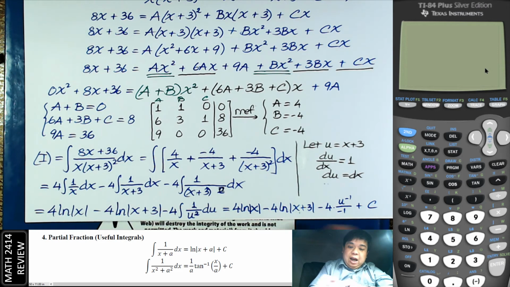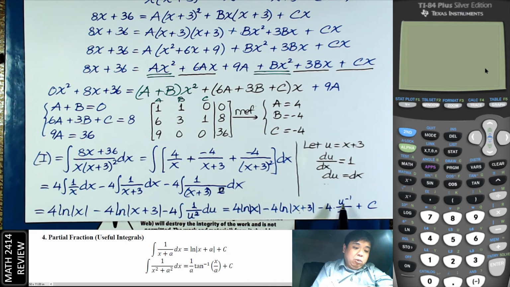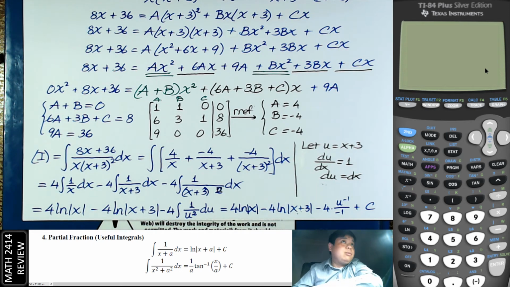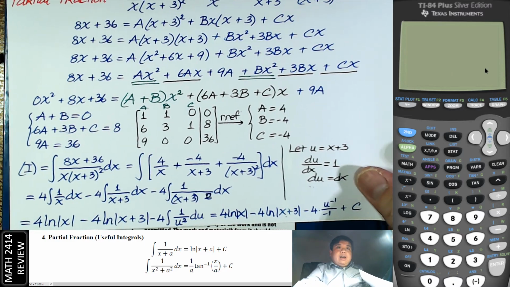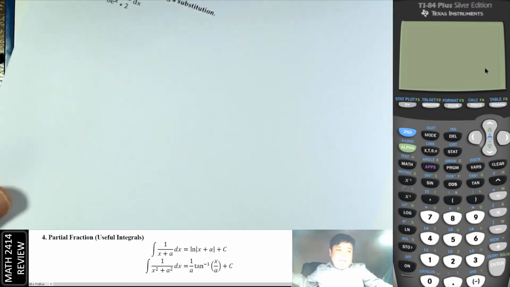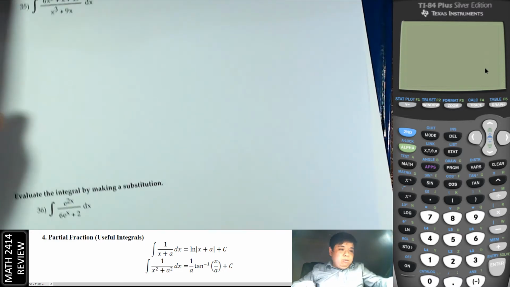Right, I've run out of space, but the next step is easy. Just simplify this and replace x plus 3 into u.